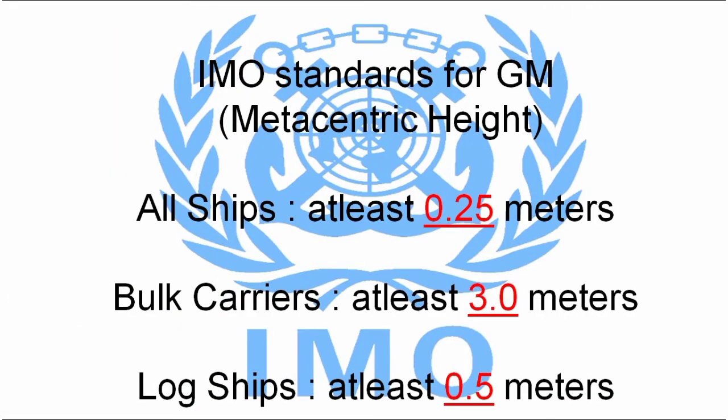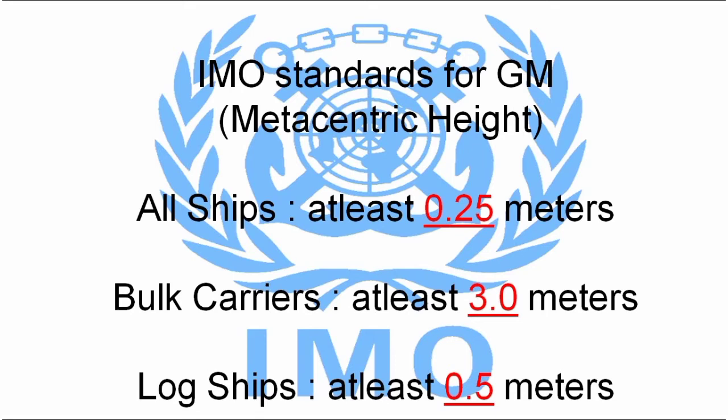Alright, now for your information, we have the IMO standards for the metacentric heights. For all types of vessel, this is 0.25 meters. For bulk carriers, it must be at least 3 meters.